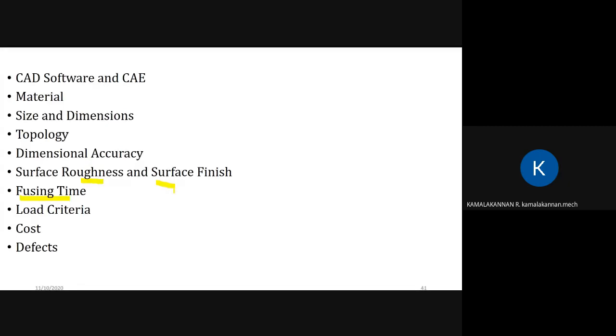Next one is cost. Cost is the most important, and choosing a thing will be mostly because of cost. Mostly all customers will choose a product or operation depending upon the cost, so we have to maintain that properly. As I told you earlier, all technologies will give you good output depending upon the cost.